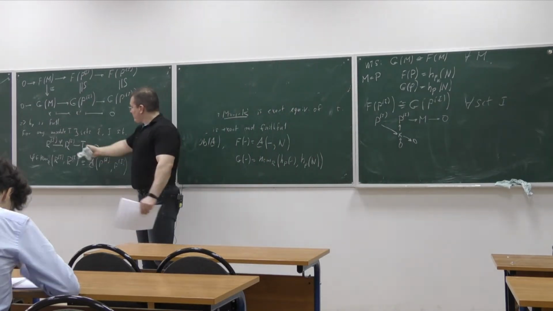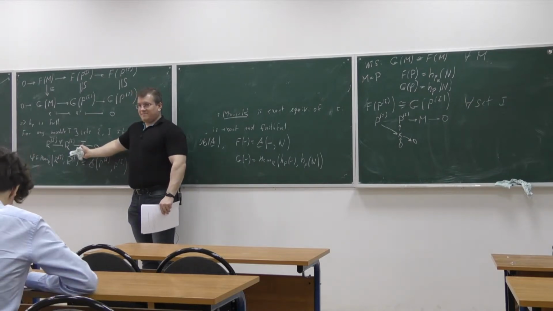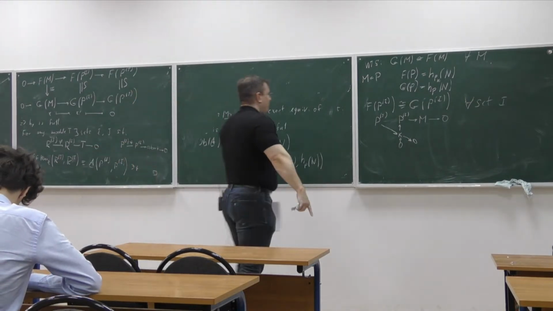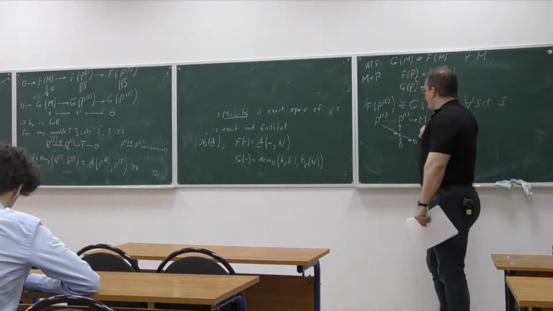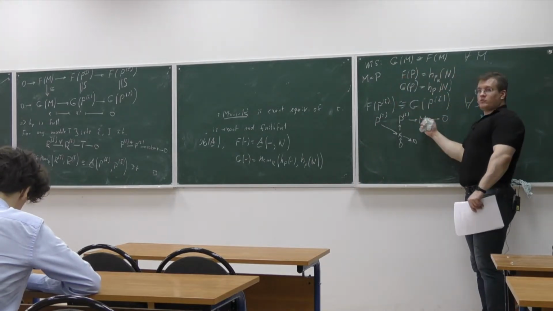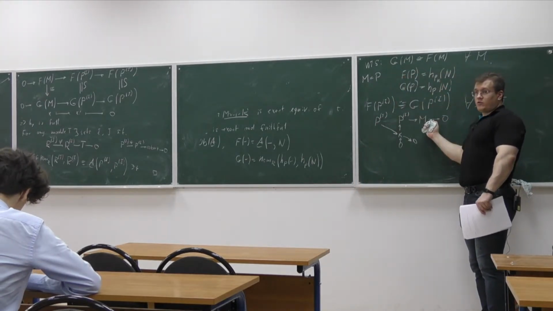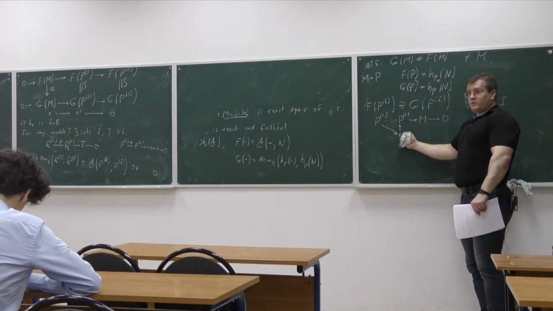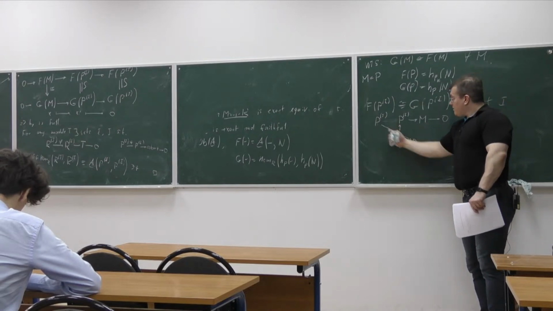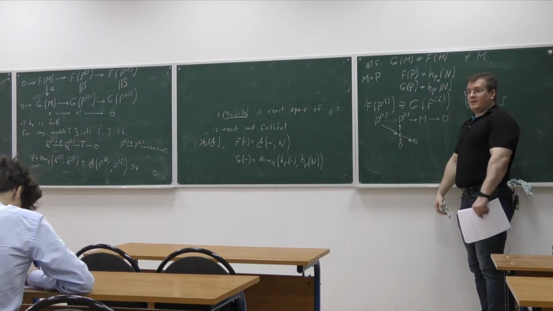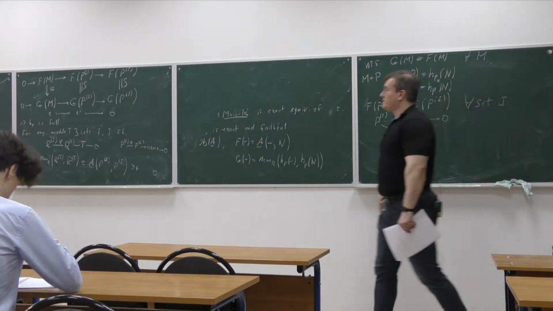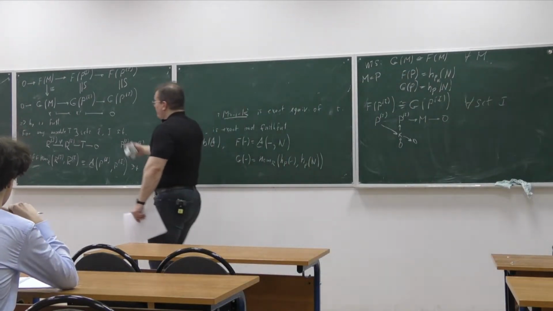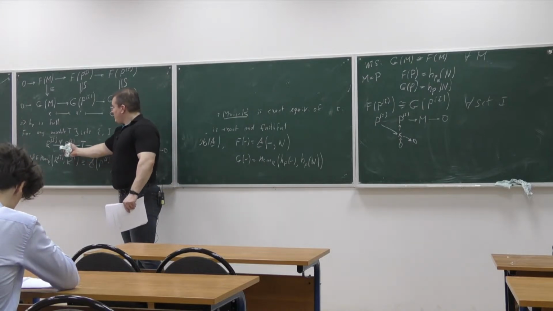This is a presentation of a module. The same logic as before. You take an object, since you have a generator, you have an epimorphism from some power of the generator to the object. It has some kernel, do the same procedure to the kernel, and then combine these two maps together. So in this case, this is just in the category of right R-modules, and the generator is just R.